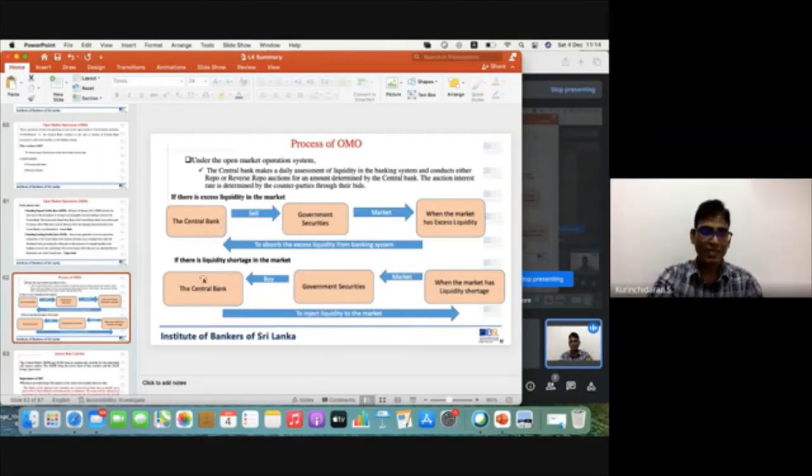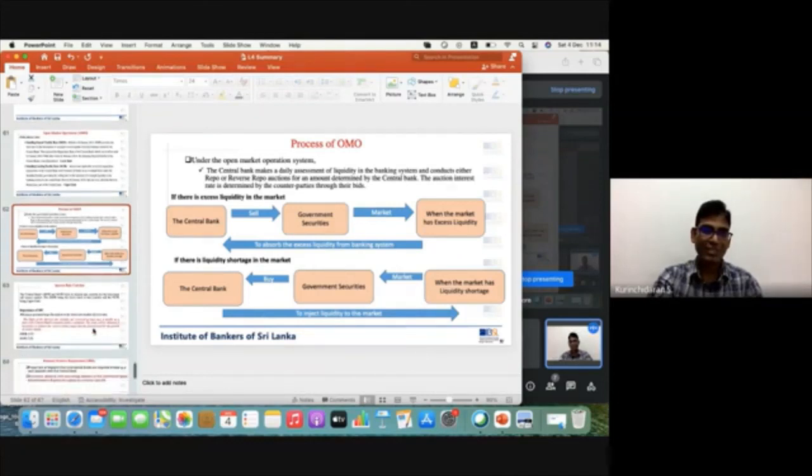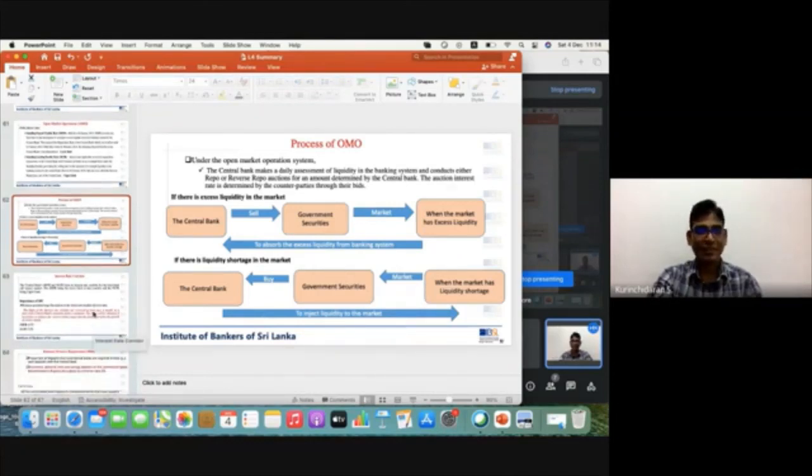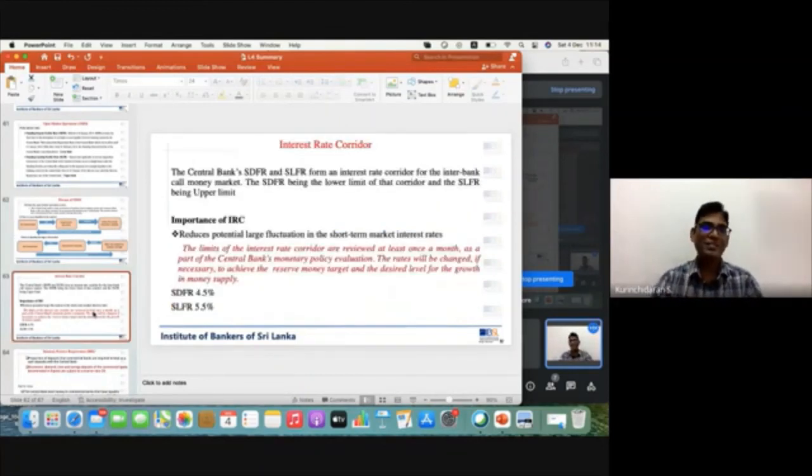The second instance is if there's a liquidity shortage in the market, the central bank buys government securities from the market and injects liquidity into the market, right? So this is the process in an OMO in simple terms. Sri Lanka is also following the same thing, right?